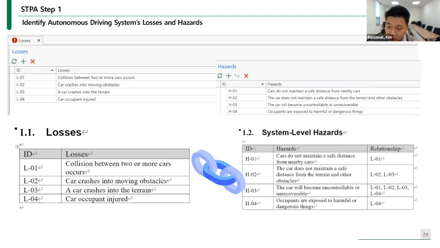Here are four losses and hazards of autonomous driving. The road car can be replaced with a vehicle, and each has a connection between losses and system-level hazards. It makes you keep traceability in your system.